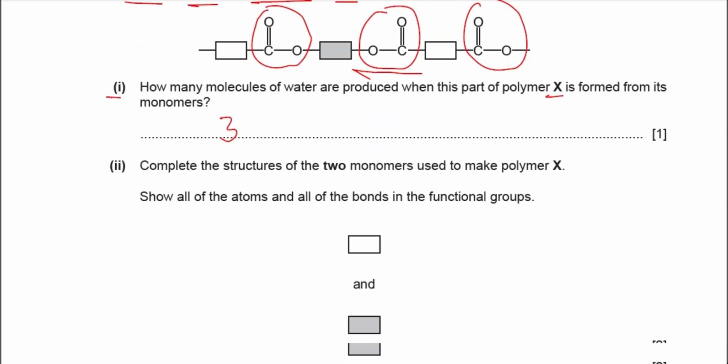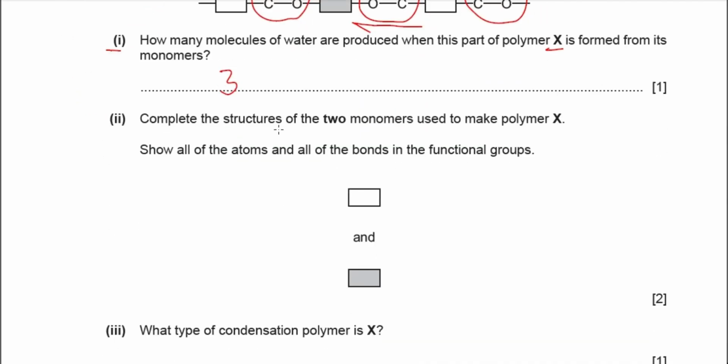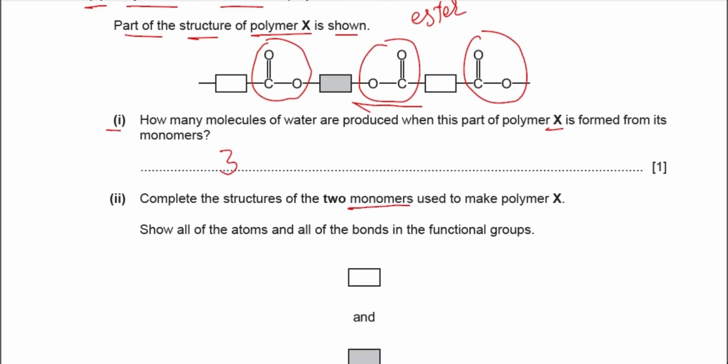Next question. It says complete the structure of the 2 monomers. A monomer is the simplest unit that is used in making the above polymer. And how are you going to identify and figure it out? Just break down the ester bond from the center. Sorry, same here, from here.